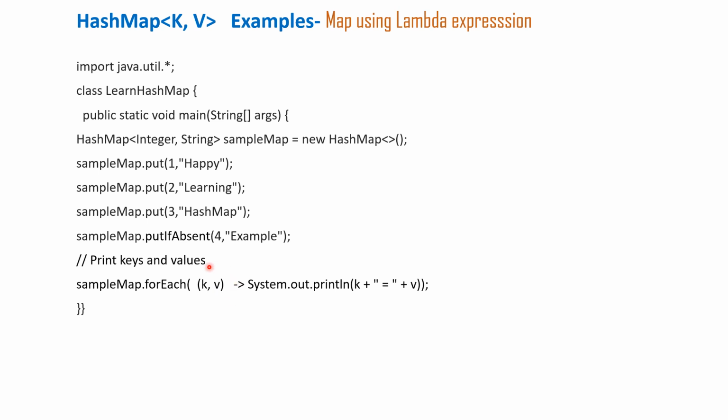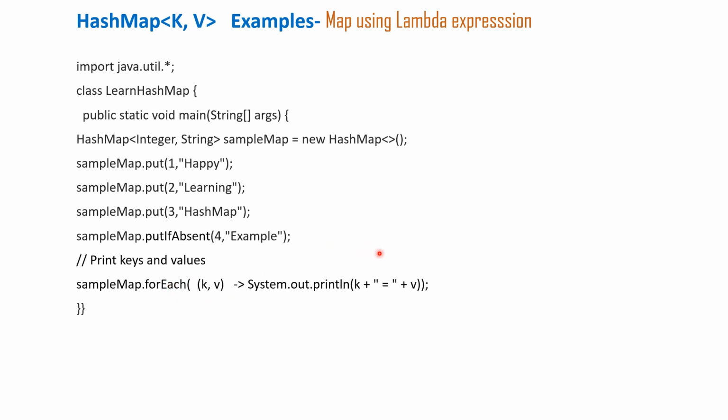So two variables we have taken, k comma v, and we are just printing using the lambda expression. How it should look, that we have to give here. So k equal to v we have to get. It is simple, right? In one line, using the lambda expression and the forEach loop, we can easily get it.